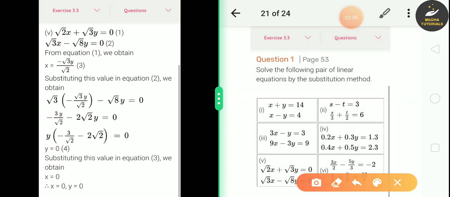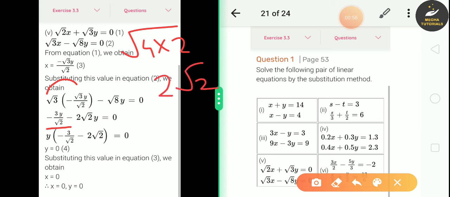Okay, then root 3 into root 3 will come minus 3y upon root 2, and root 8 is root 4 into 2, so we can take square root of 4 as 2, so we can write 2 root 2. So in this step we have written minus 2 root 2y is equal to 0.